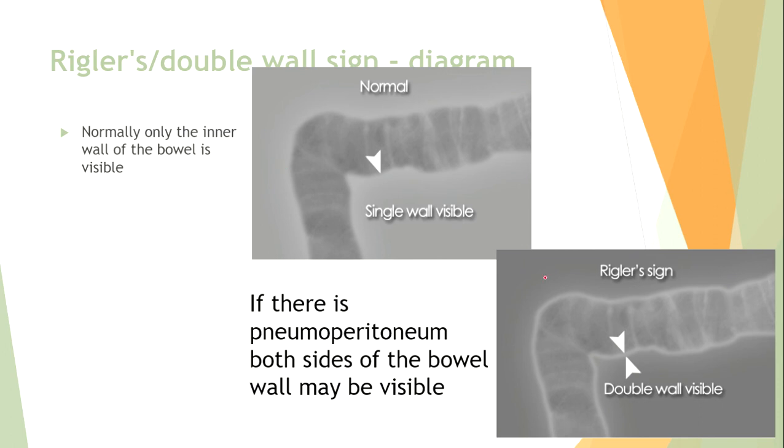When we see the Rigler sign, we have a double wall visible because we have air in the abdominal cavity and air filling the bowel. When we have a ruptured part of the wall of the bowel, gas goes out to the abdominal cavity, and we see the double wall sign.